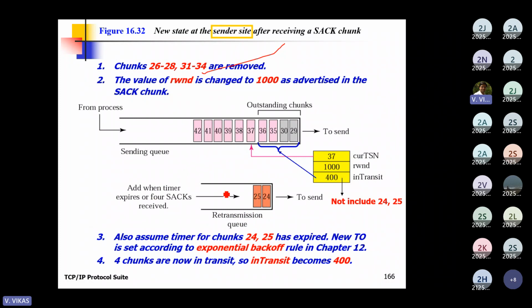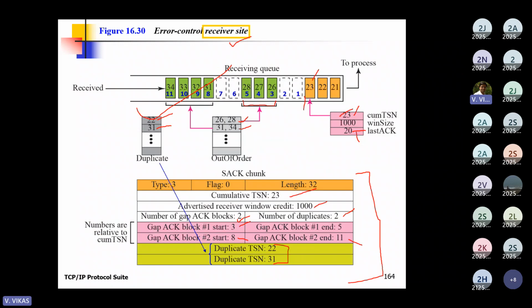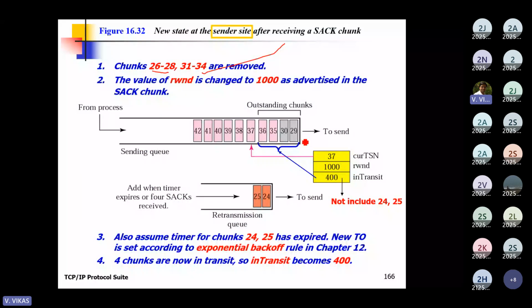So what we are doing here is 26 to 28 we are removing, 31 to 34 also we are removing because they have been already received by receiver side. There is no point in maintaining those things. But 29, 30 we did not receive, 35, 36 also we don't know whether they have been received or not, because we are advertising till 34 itself.